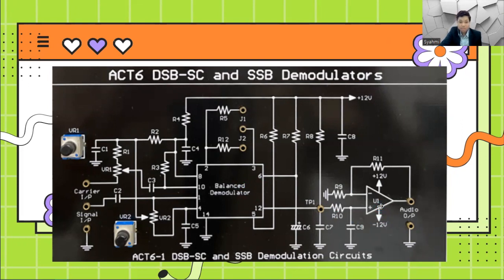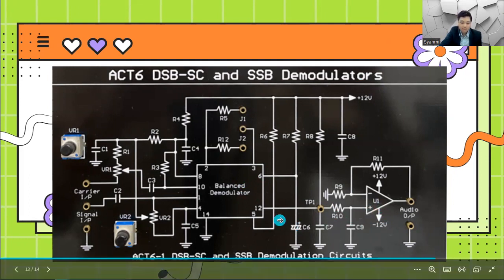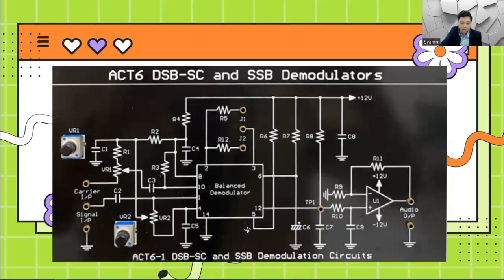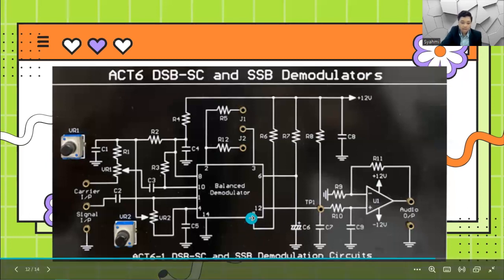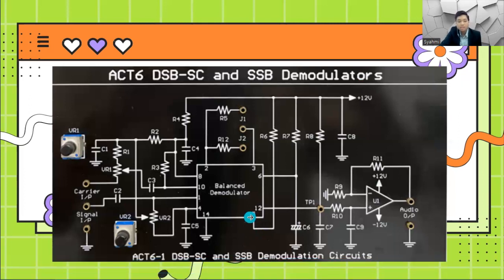First things first, the DSB-SC modulation signal will be fed into the input of this device, and then the MC1496 balanced demodulator will take the DSB-SC signal and combine it with a local oscillator signal. The local oscillator signal is generated separately and usually has the same frequency as the carrier signal used during modulation.